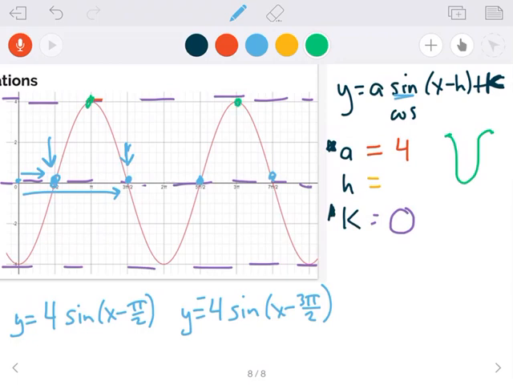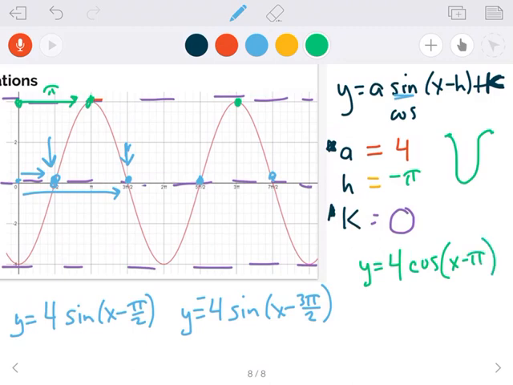Those are high points. If we're doing a cosine graph that starts at a high point, normally that point is 0, so it's been shifted over pi radians, which would mean if it's going to the right, the shift is negative pi. So if we're writing a cosine equation, we would write y equals 4 cosine of x minus pi.